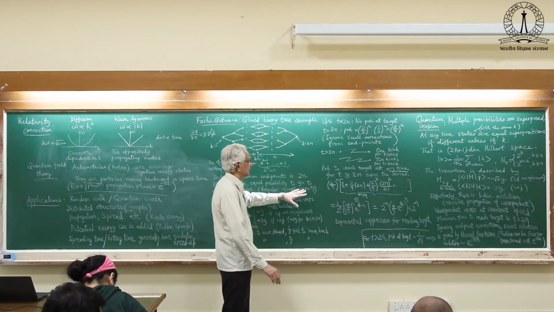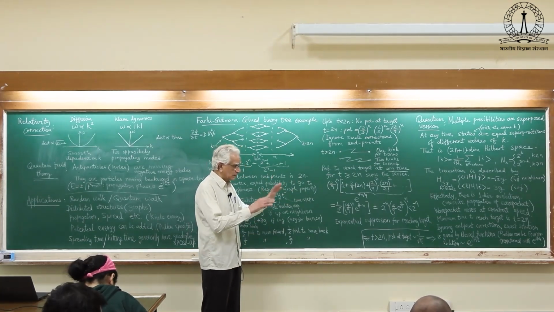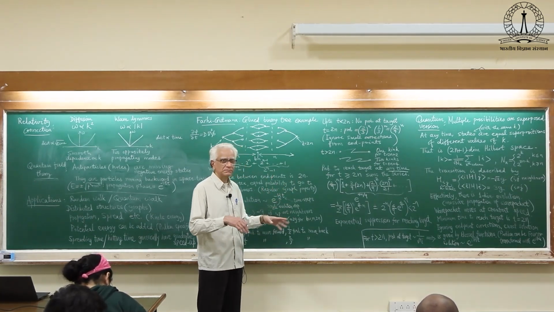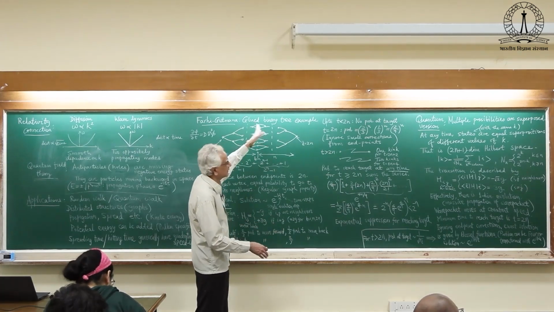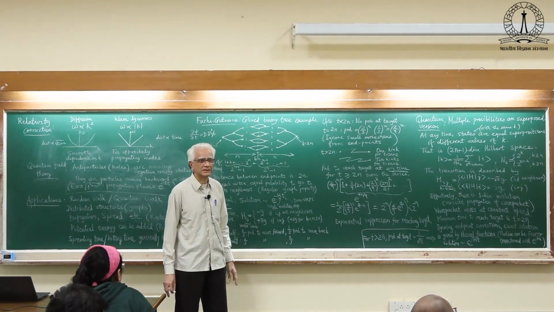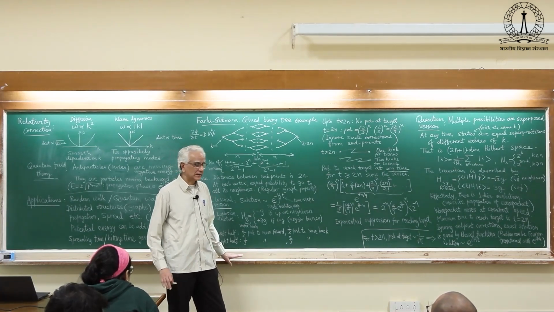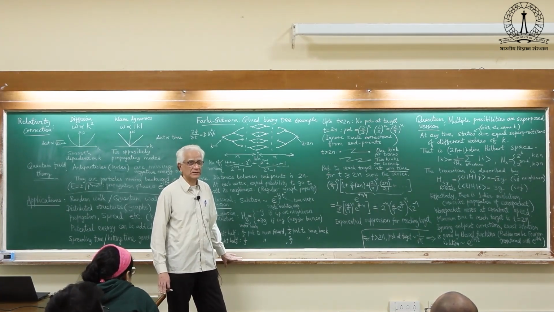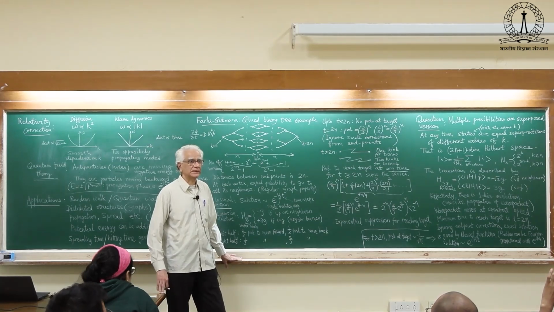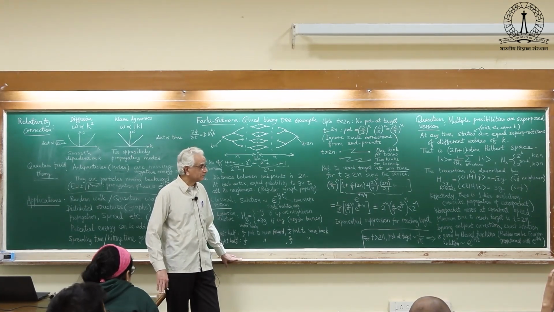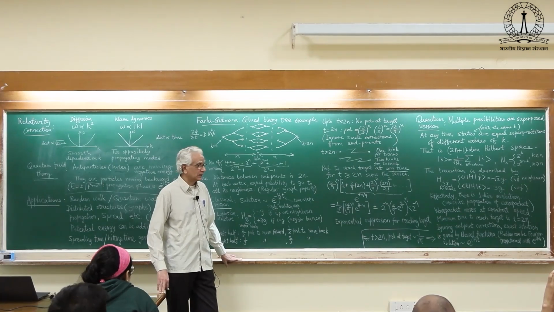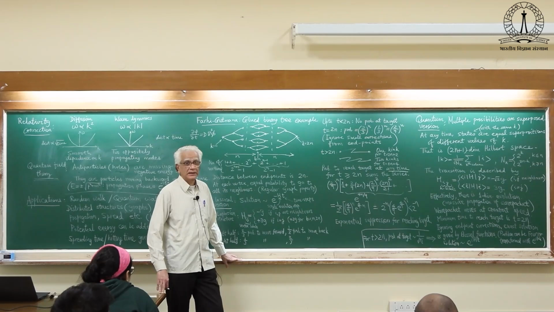So, of course, this is a kind of cooked up example with some definite structure buried in the graph, but these kinds of things are allowed by quantum theory, and that is something which needs to be well understood.